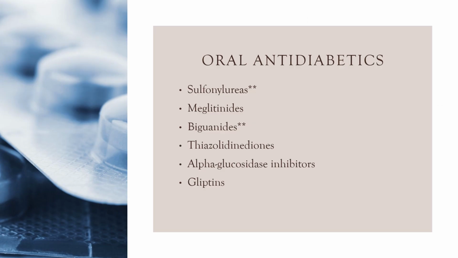So now we're going to talk about oral anti-diabetics. These are medications typically used by our type 2 diabetics. Our type 2 diabetics are ones who can make their own insulin, but they have done things to their body to make it so that they can't.